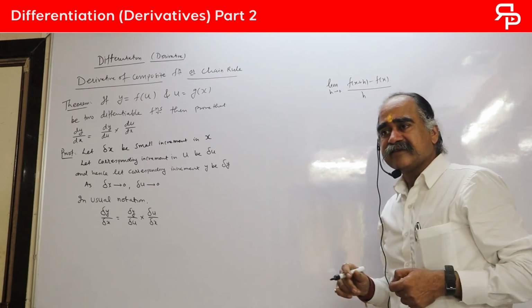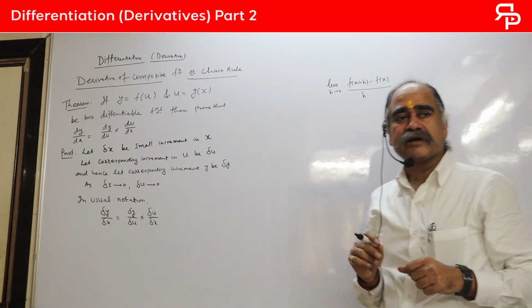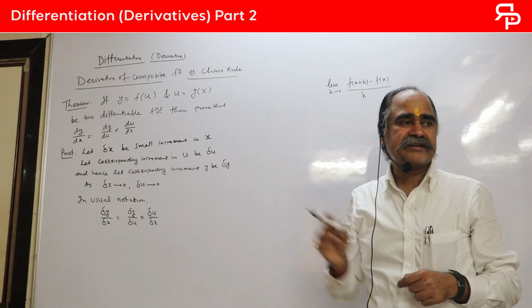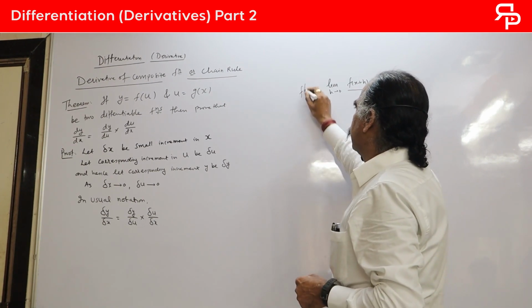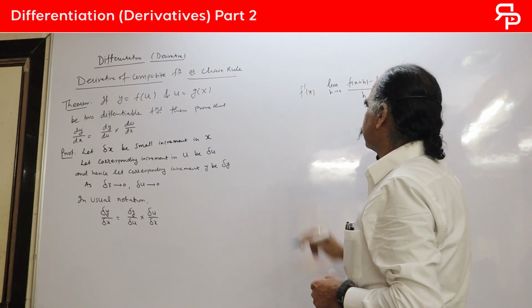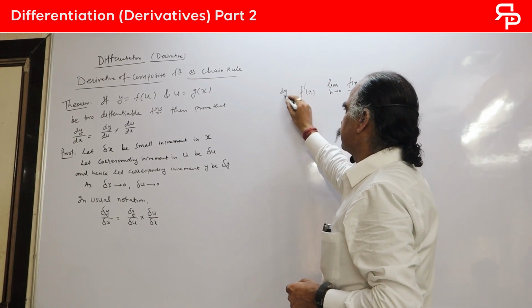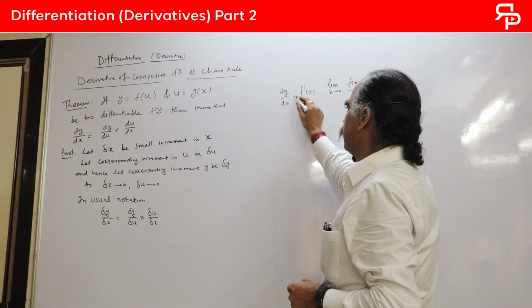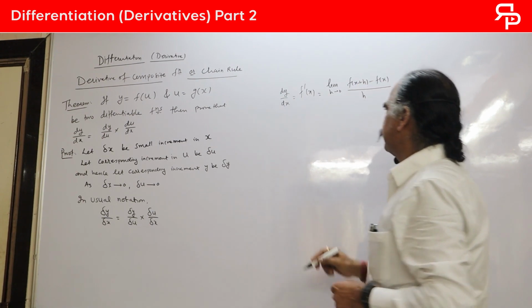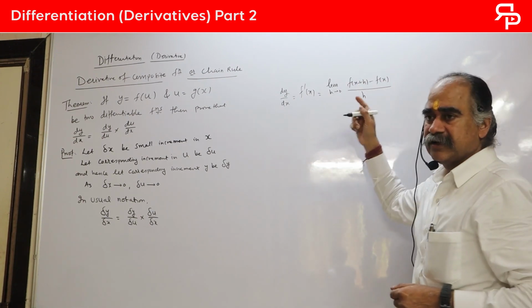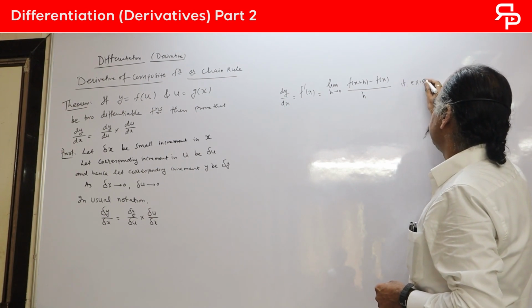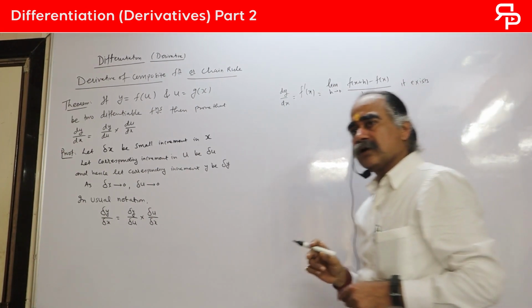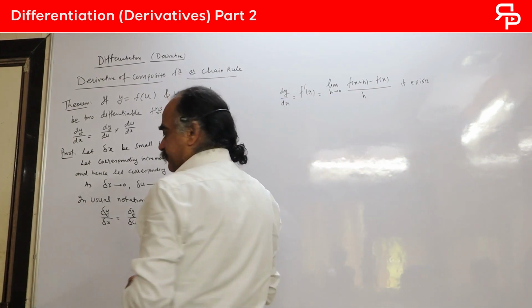If this limit exists, then we say that function is differentiable, and this limit is called derivative and denoted as f dash x or dy by dx, provided this limit exists.